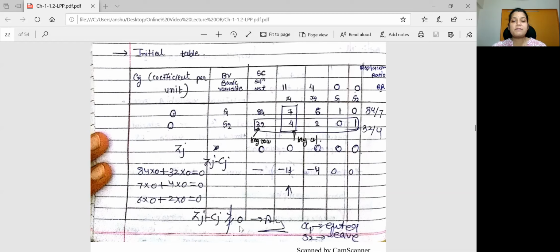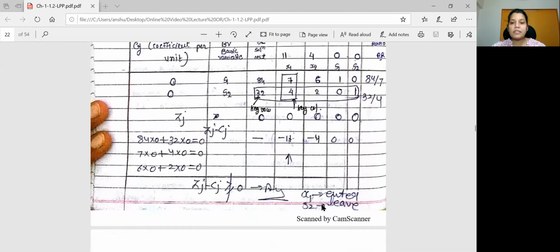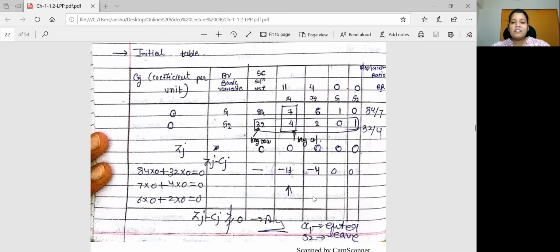Until zz minus cj is greater than or equal to 0, we keep solving the tables. In this table we get two negative values, -11 and -4. So in our next table, what is our next step?